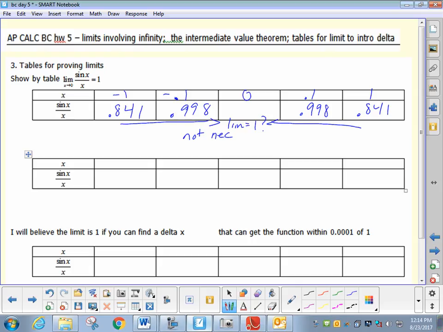And so instead of these guys, I'll go a little finer. Negative 0.1, which would still be 0.998. And 0.1, which would be 0.998. But this time, instead of going from an x of 10th away, we'll go 100th away. So let's, oh no, I might have answered my own question.